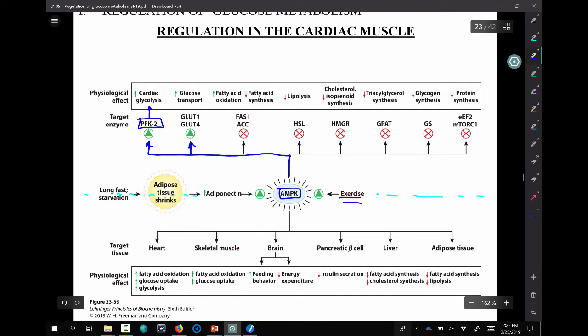It will also do this. So we talked about how GLUT4, I'm going to highlight just GLUT4 here. Well, we talked about how GLUT4 in skeletal muscle and adipose tissue can be mobilized to get into the membrane of those tissues when insulin is present. And it's in those vesicles. AMP kinase will take a different route to do that, but it will do the same thing.